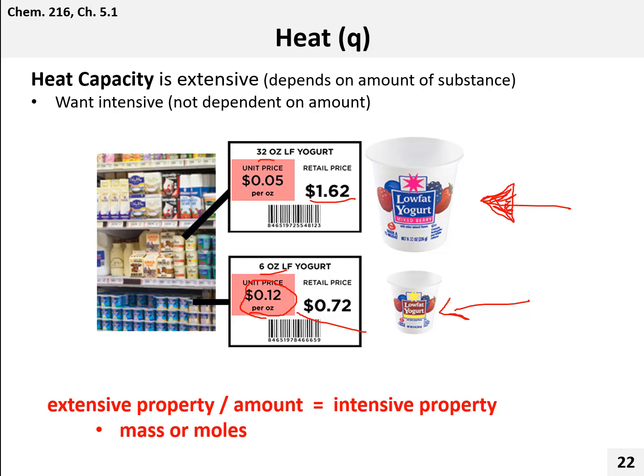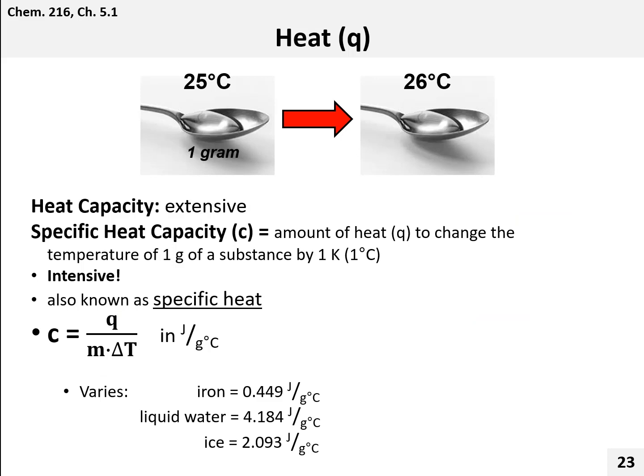And so we can take an extensive property like price, or in our case, we're going to use heat capacity, divide by the amount, and that's going to give us an intensive property. And the amount we can either use mass or moles in order to do. Let's see an example. So when we do this, we no longer talk about heat capacity.